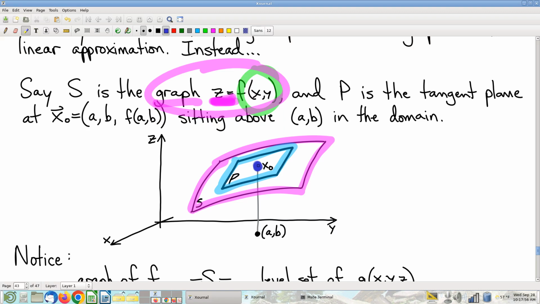Because we're looking at the graph picture, on the one hand, the point on the graph has 3 coordinates, because it's clearly a point in space. But as far as the function is concerned, what are the inputs that define that point on the graph?